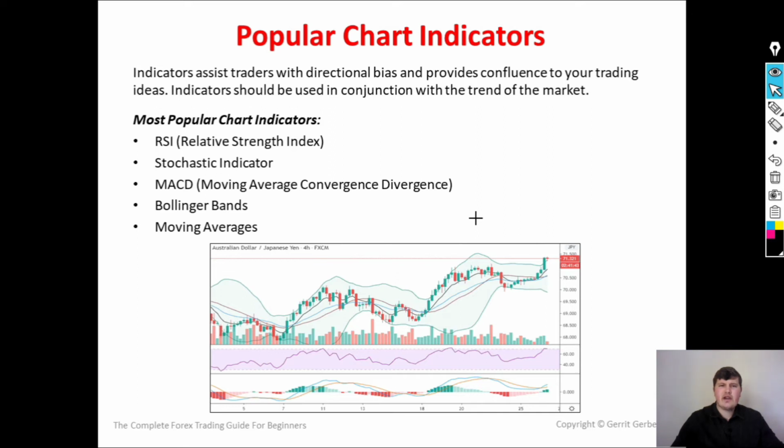And to best show you guys how to draw these indicators on the market and how to trade them, I'm going to jump into the live market and show you guys how to analyze and draw them on your live charts.